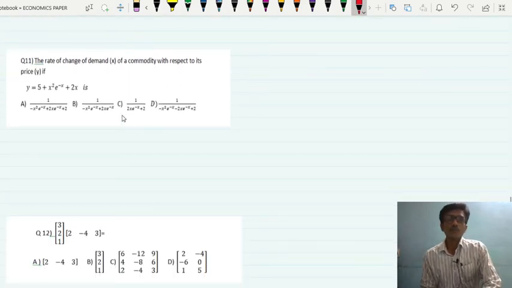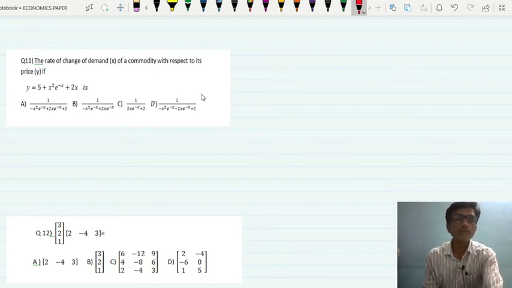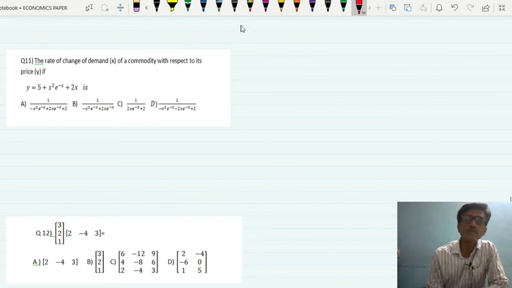The rate of change of demand x of a commodity with respect to its price means rate of change of x with respect to y. So again we will find here y is equal to 5 plus x square e raised to power minus x plus 2x.